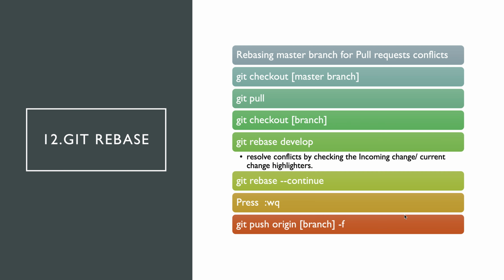Whenever you are doing a force push, you have to be very careful. But it's not much difficult when you start working on it. When you get used to it, it will not be much difficult for you guys.